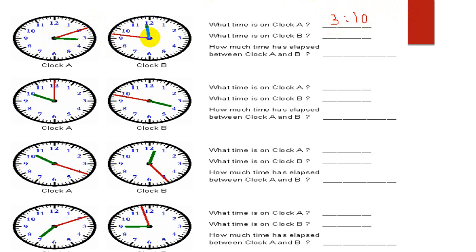And here the short hand is between 11 and 12. So the time is 11, not arrived at 12. Okay? The minute hand points to what? This is 45. 5 multiply 9 is 45. 45, 46, 47. Here 47.